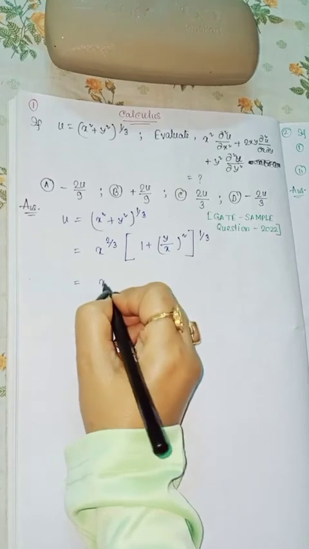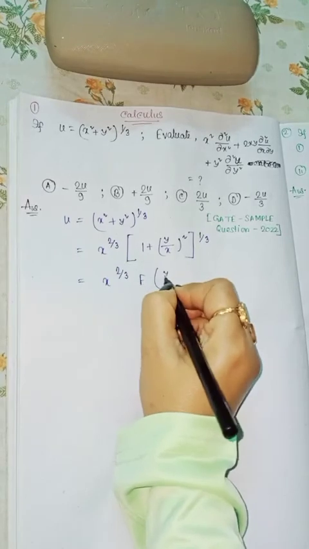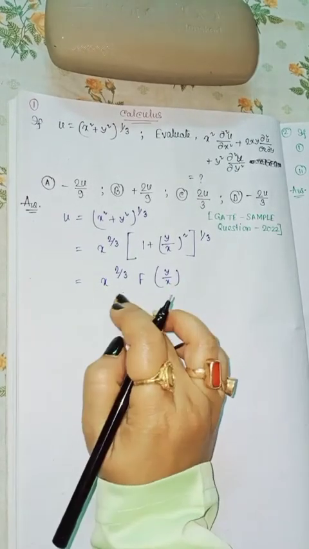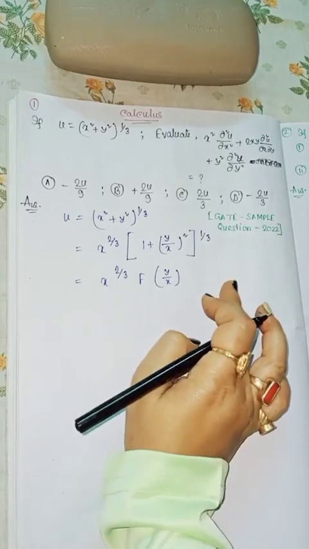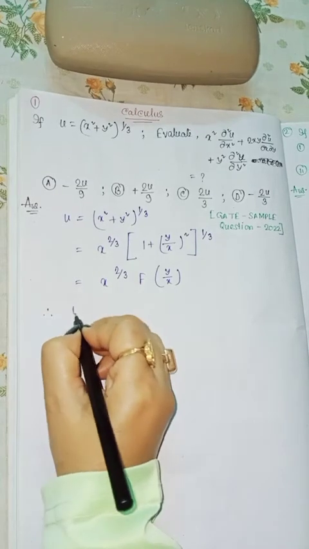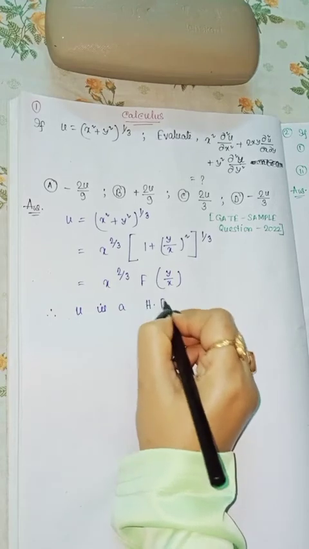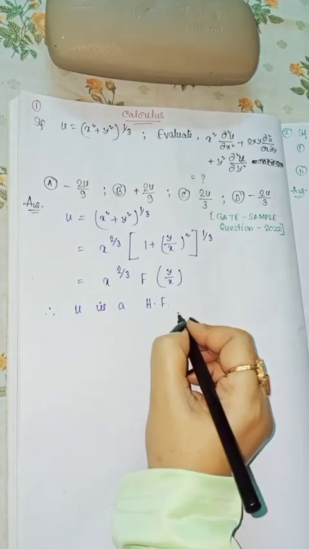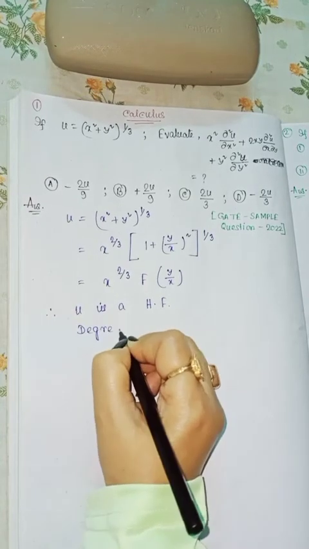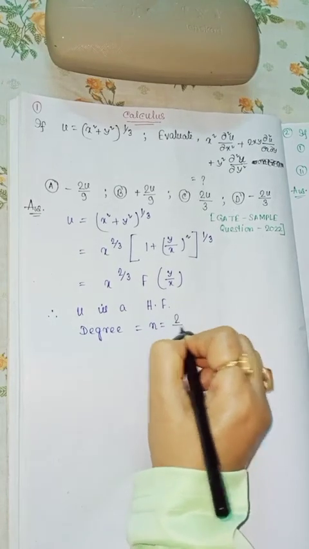So this is equal to x to the power 2/3 f of y by x. So u is a homogeneous function of degree n equal to 2/3. What is the degree of this homogeneous function? Degree is n is equal to 2/3.